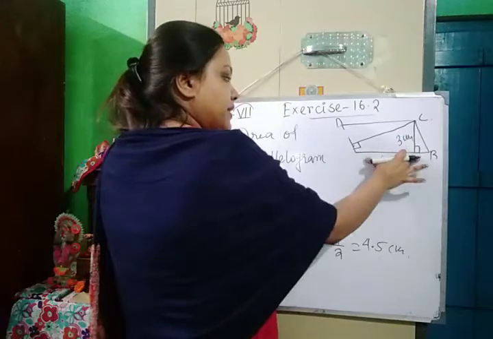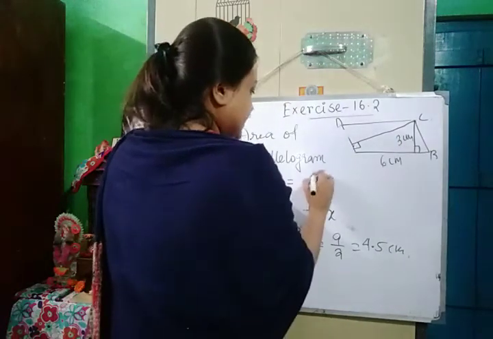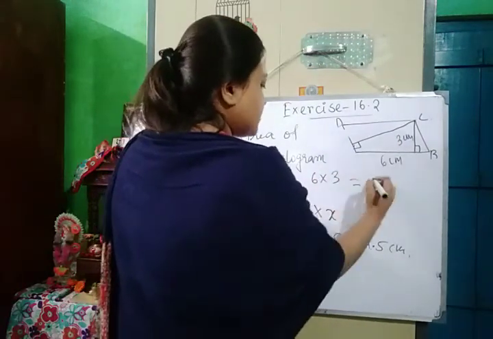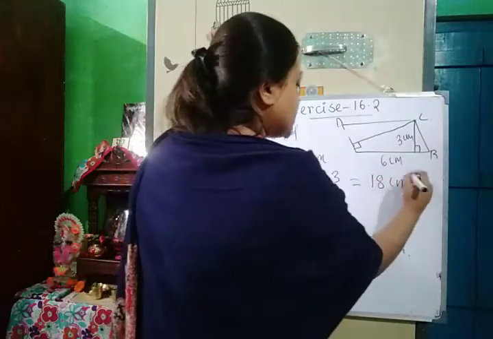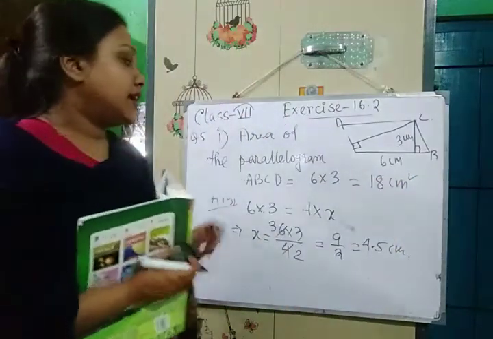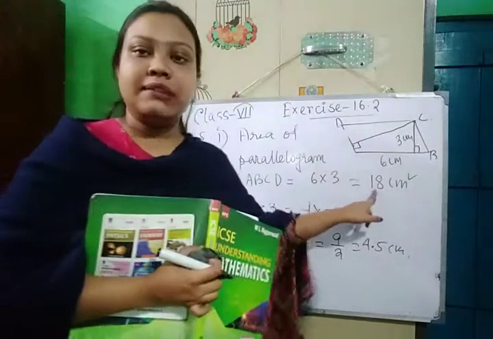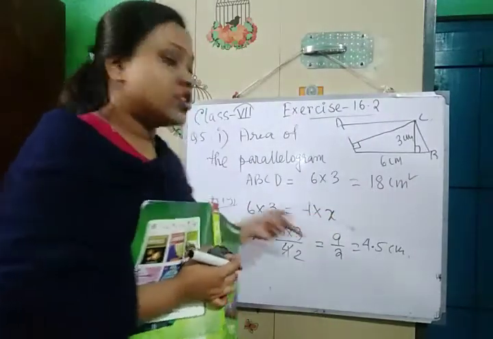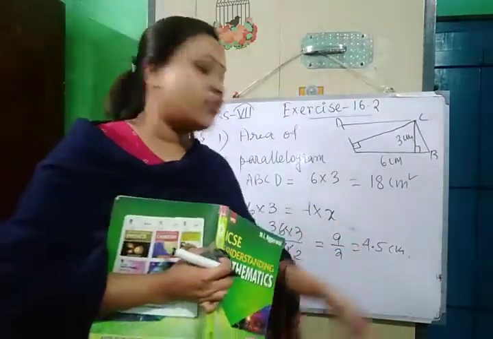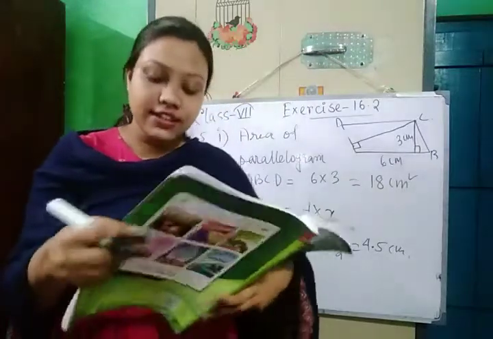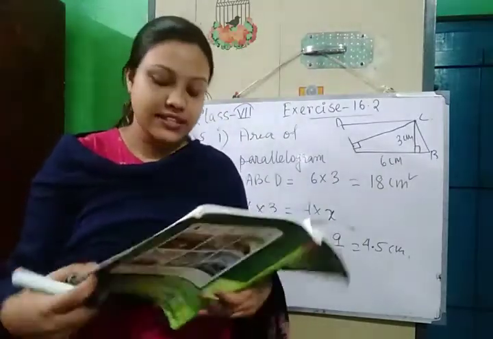So you can take any base. AB into this height. 6 into 3. That means 18 centimeter square. So the area of the parallelogram is 18 centimeter square and the height corresponding to the base AD is 4.5 centimeter. These are the two answers. Okay, I hope this is clear.